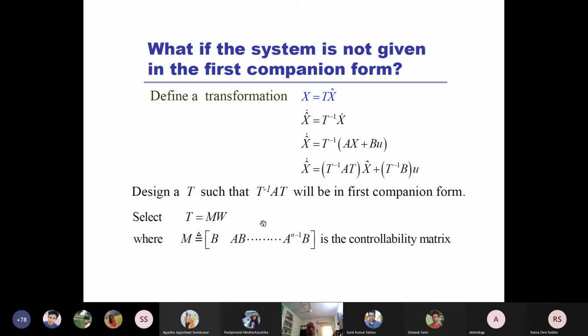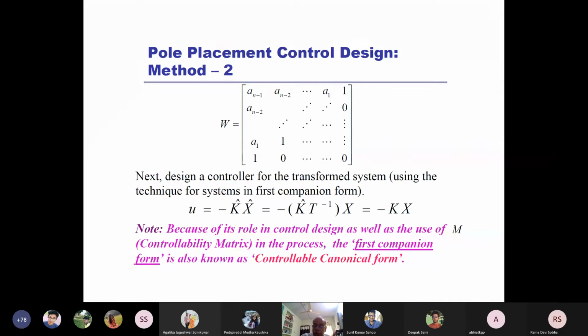There you will get the proof that if you put T is equal to MW, then T inverse AT and T inverse B will put x dot equal to Ax plus Bu into a controllable canonical form. So this T is the transformation matrix which will convert any other form to the controllable canonical form. That proof is given in the book by Ogata. The name of the book is Modern Control Engineering.